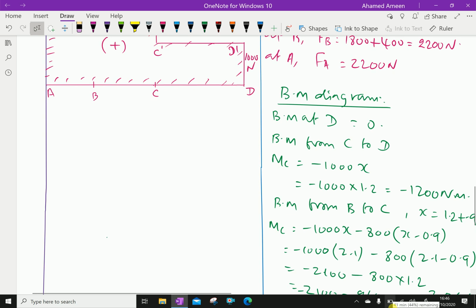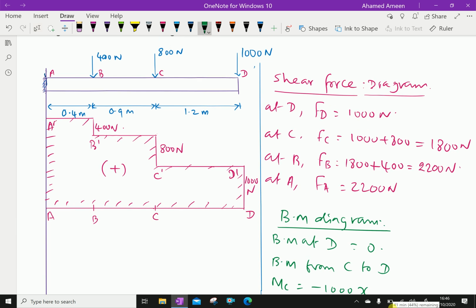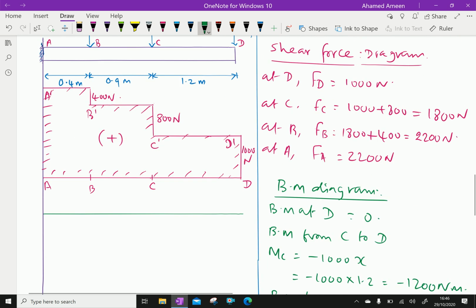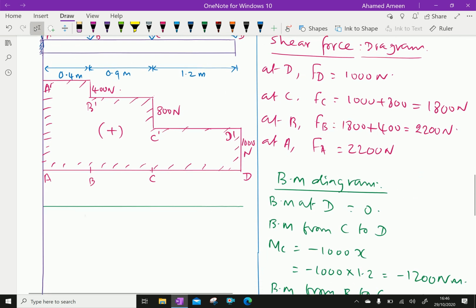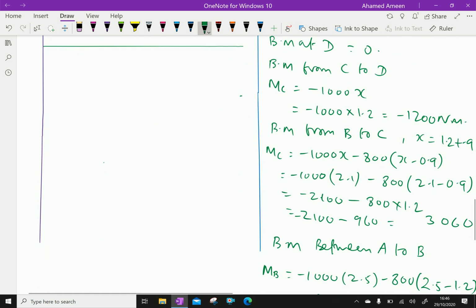Now we'll draw the baseline. Our first one is minus 1200, so let us mark the point. Let's suppose this much is for some scale, it is minus 1200.